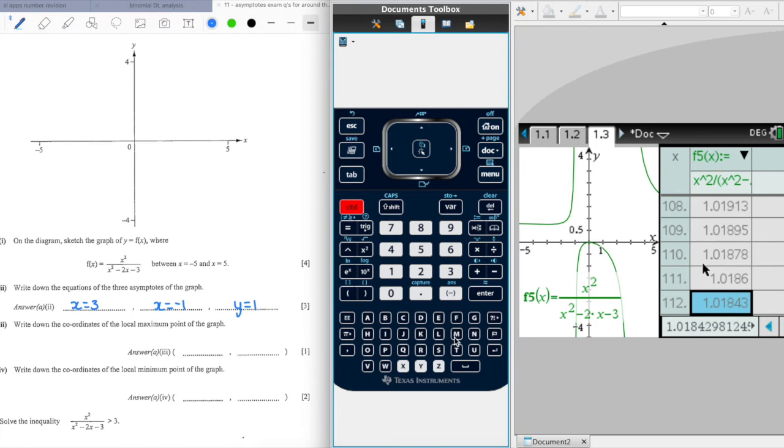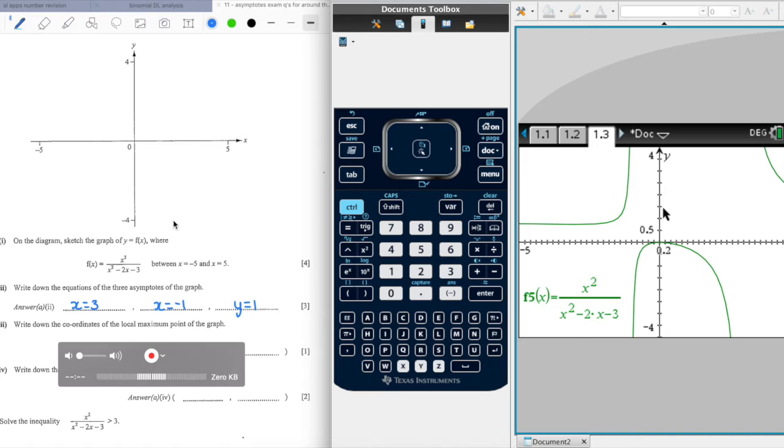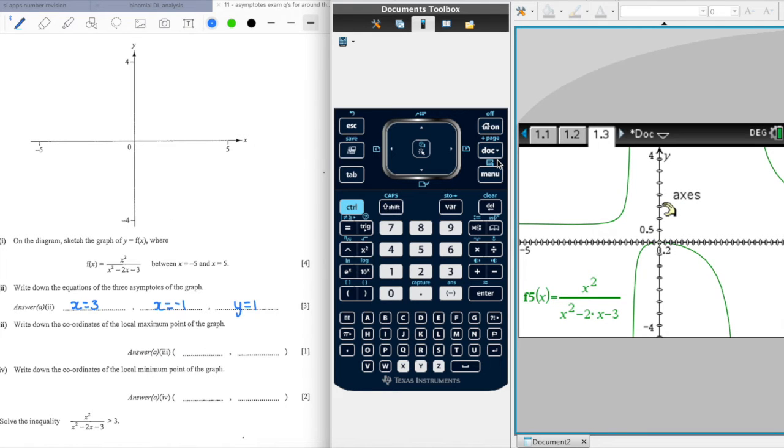And we can actually check those by hand. So we know that an asymptote happens when the denominator is equal to 0, because the function is not defined at that place. We cannot divide something by 0. So I'm just going to factorize my denominator here. We've got x squared still on the top, and then we can change the denominator into x something times x something.